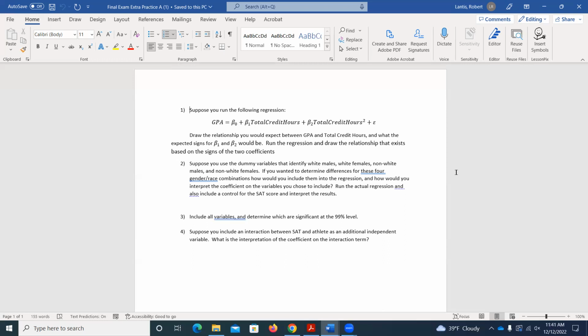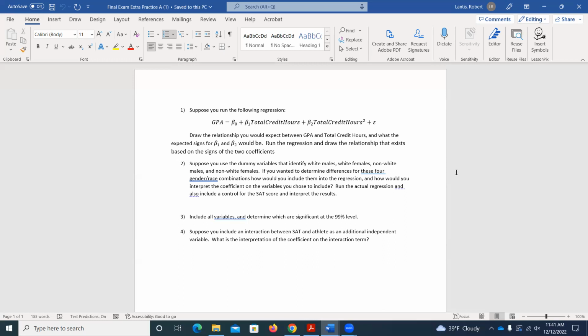The other one was, let's say we did start out with GPA, then I got some total credit hours, whatever those coefficients are. We then say, okay, I want to see whether or not there's some type of preferential treatment, discrimination. We're not really sure exactly, societal issues, but somehow we might think that GPA is varying across genders, right?